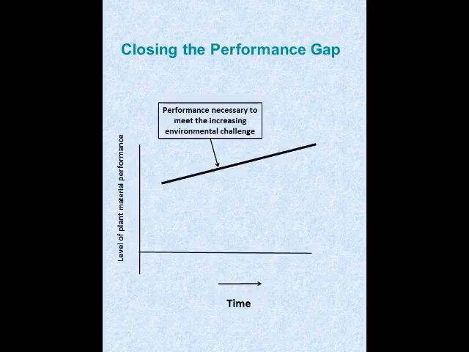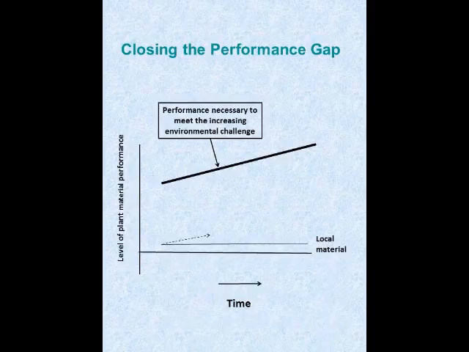They're becoming more and more difficult to restore over time. When we use local material, there's a certain level of plant material performance, but that local plant material is consistent across time.